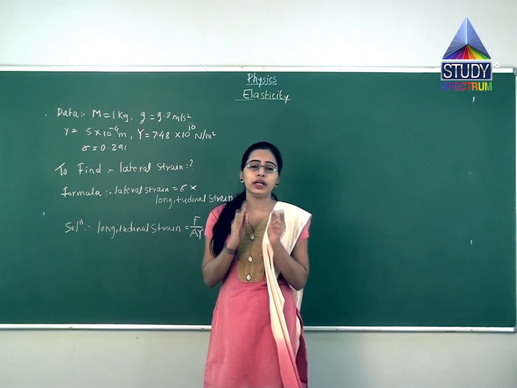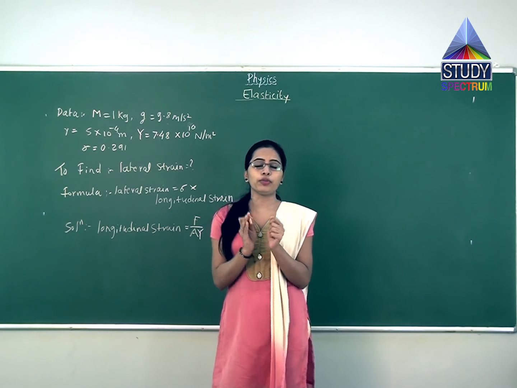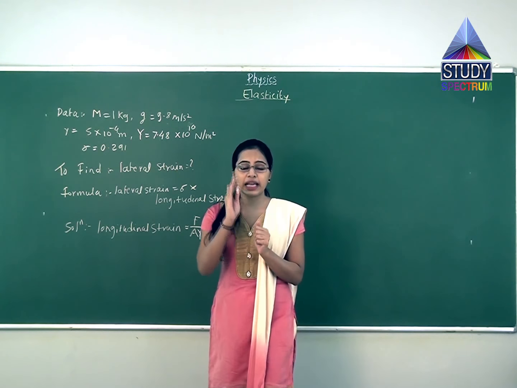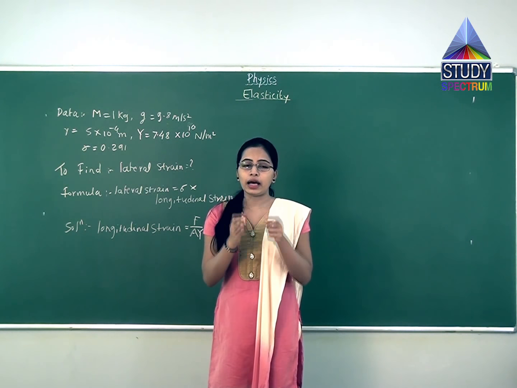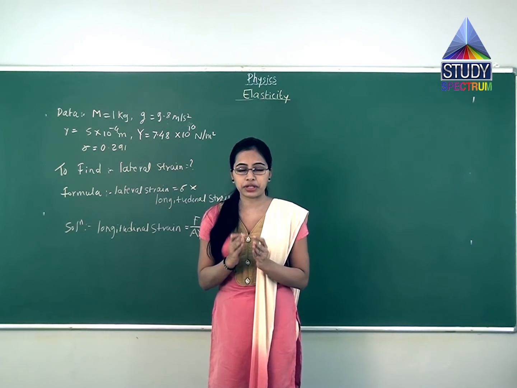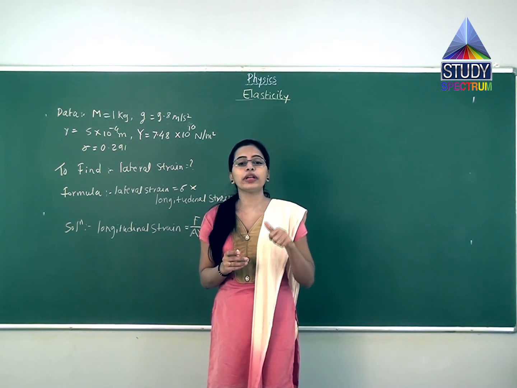If you remember, the formula of Young's modulus Y was F into capital L upon A into small l. Now here we are finding longitudinal strain, which is small l upon capital L.